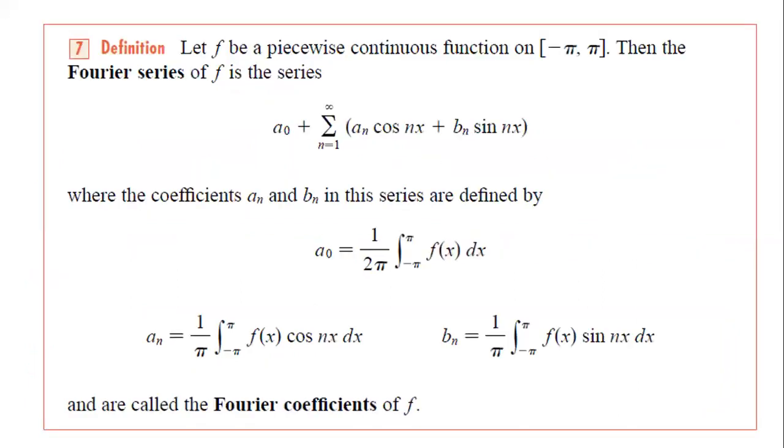So definition, let f be a piecewise continuous function on negative pi to pi, then the Fourier series of f is a series in this form, where the coefficients a sub n, b sub n of this series are defined by the following formulas for a sub naught, a sub n and b sub n, no? And they're called the Fourier series coefficients of the given function f.